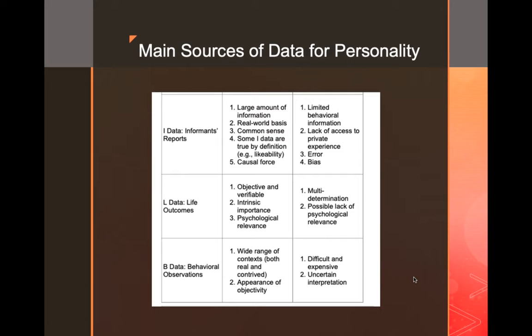The informant report is when you collect data from their parents, their siblings, or their friends, the reports from people who inform you about your participant. The advantage is that you can also get a lot of information, and it's casual, so you can see that the friend is saying this, and it might match with what the person is saying about themselves.